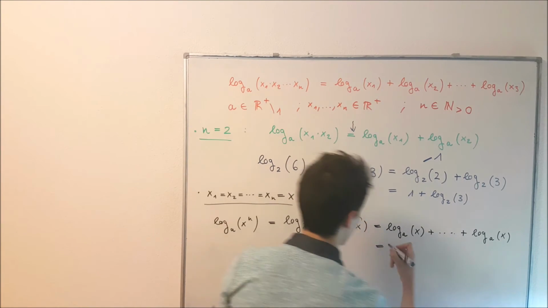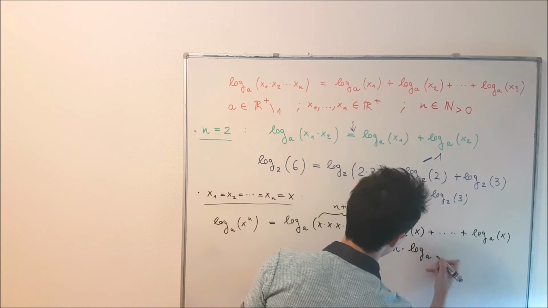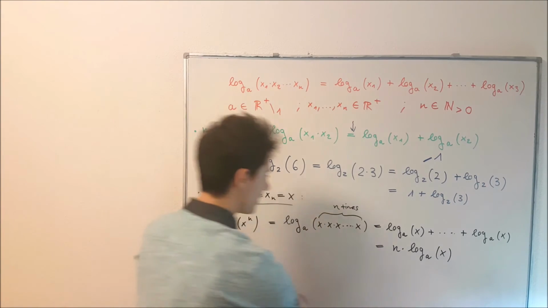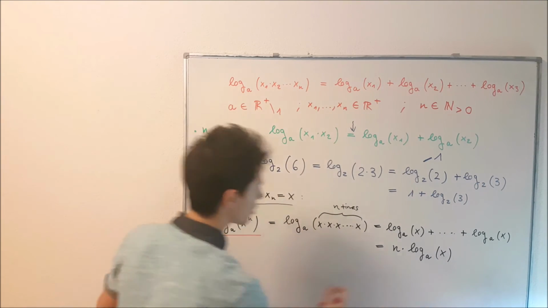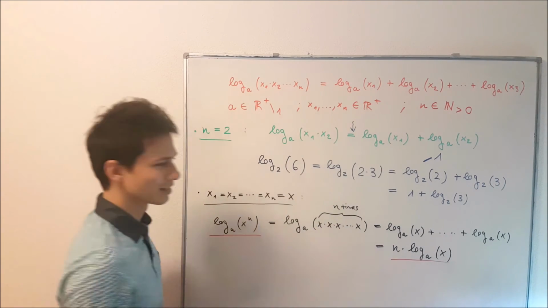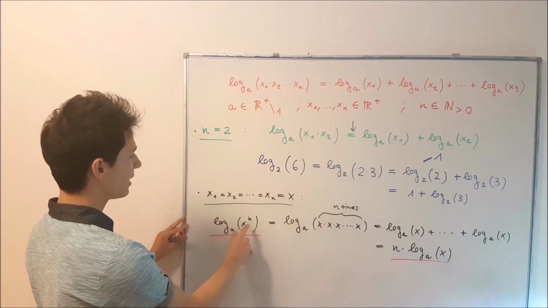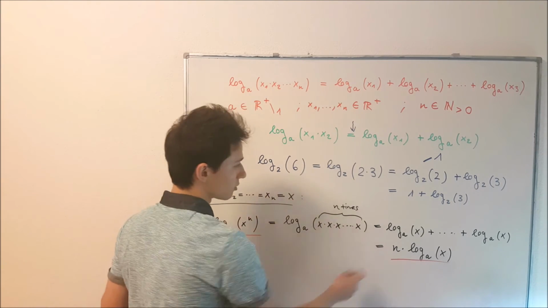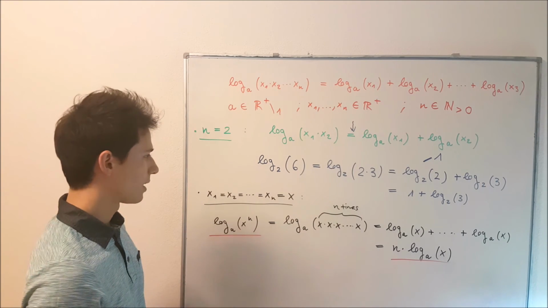So this is simply n times the log to base a of x. And this right here is another pretty cool rule. It basically states that you can simply take the power in the logarithm in front of the logarithm, and it is the same result.